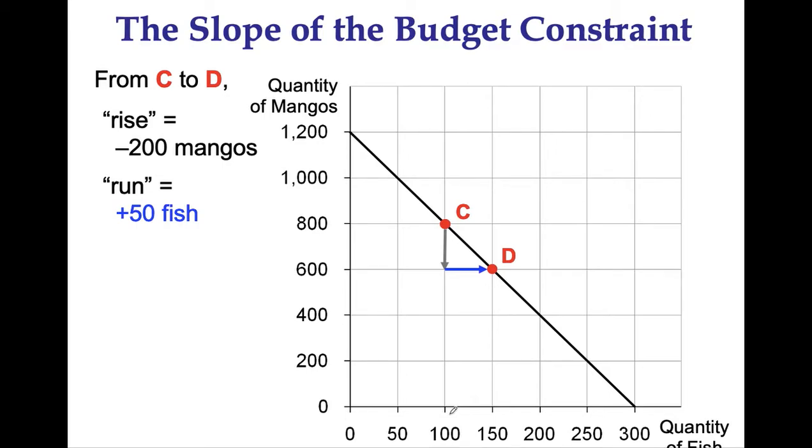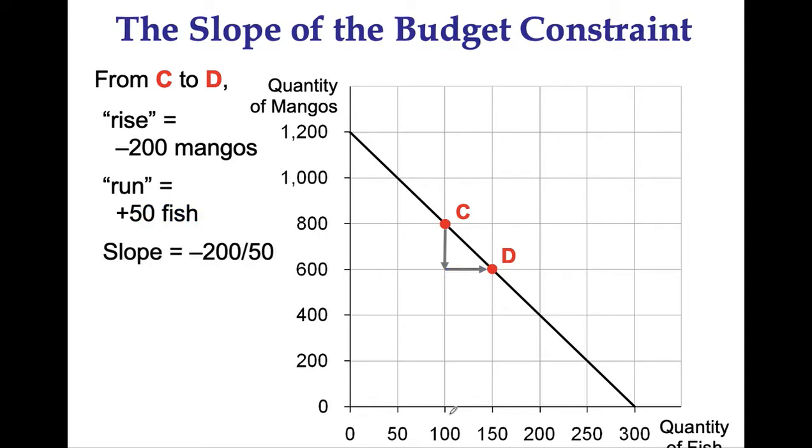To move from C to D, he has to give up 200 kilos of mangoes in order to get 50 kilos of fish.